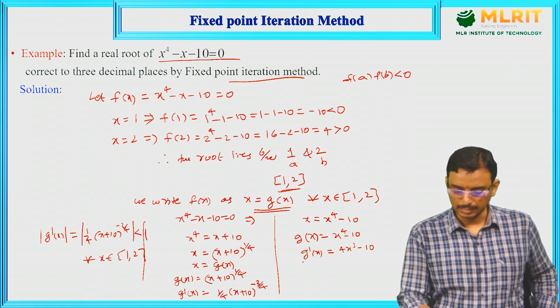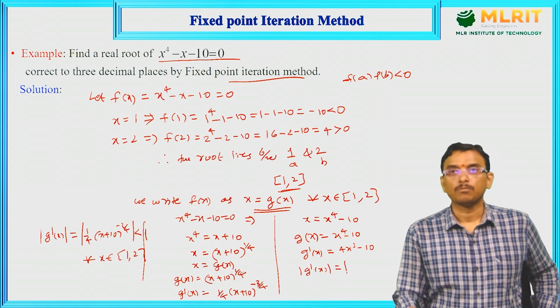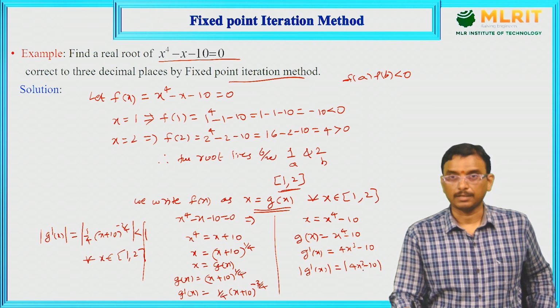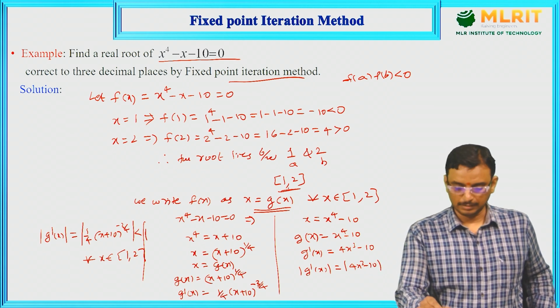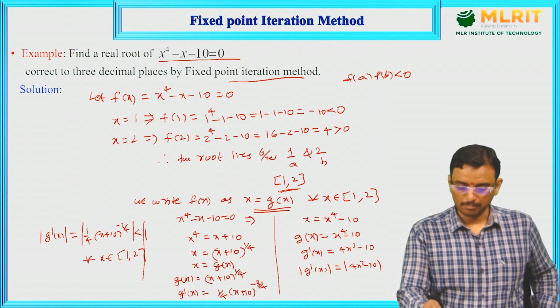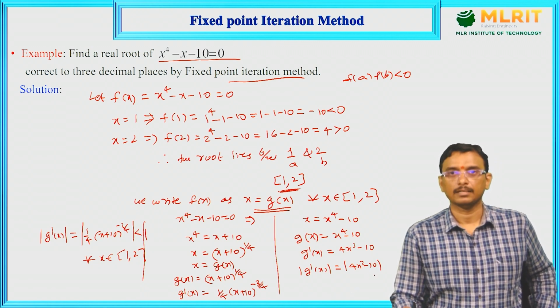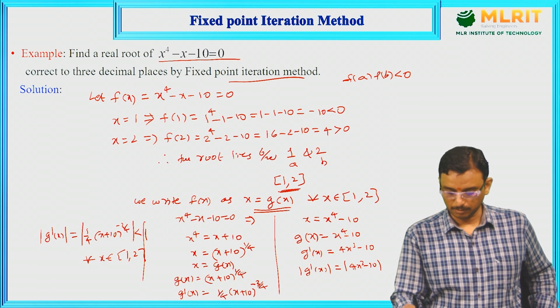Modulus of g dash of x is equal to modulus of 4x cube minus 10, and for any value which lies in the interval 1 comma 2, this value is always greater than 1 because it's an absolute value.